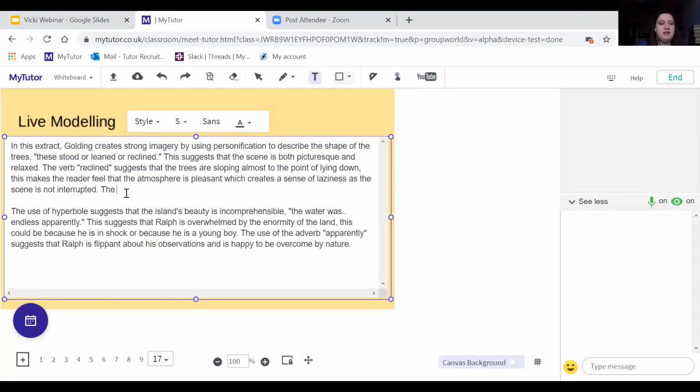So I'm going to put here the repeated. So I'm now linking these two together and bundling everything together rather than starting a whole new paragraph and saying this quotation all over again.